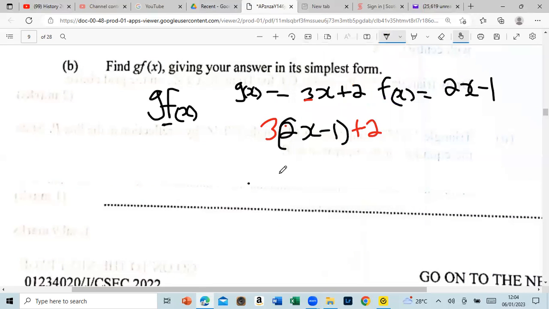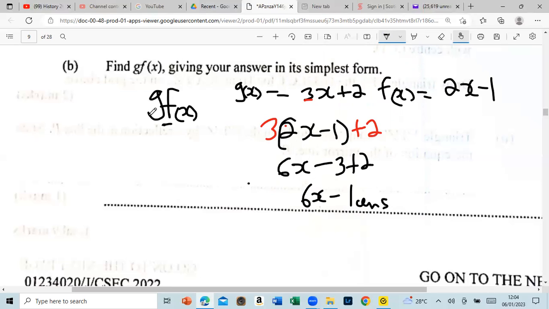So 3 times 2x is 6x, 3 times negative 1 is negative 3, plus the 2. So our final answer would be 6x minus 1 in the simplest form.